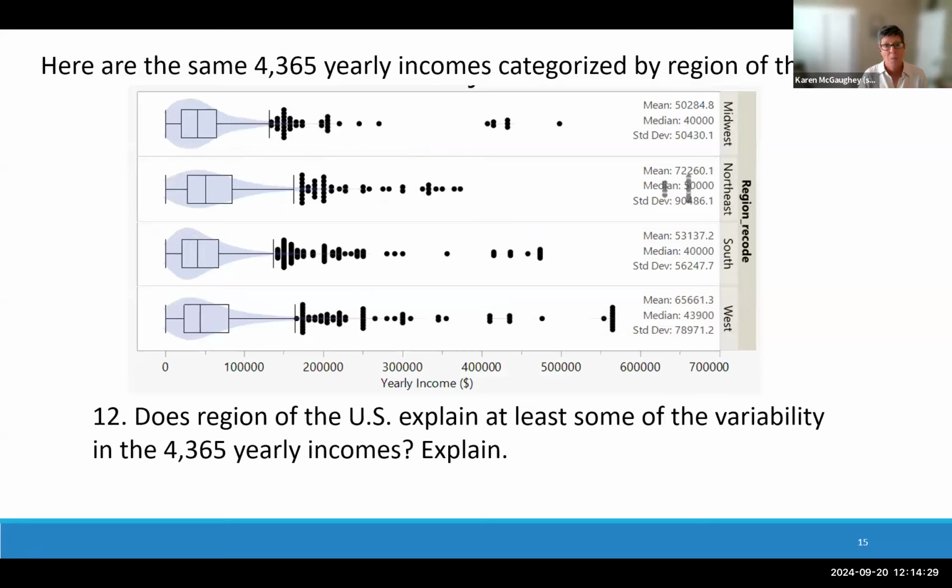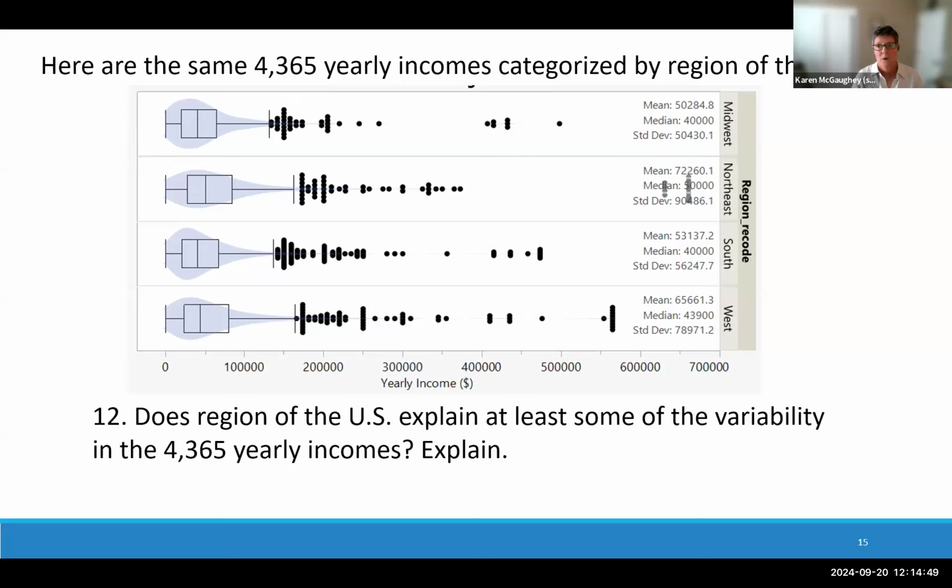So I went back to the full data set, 4,365 yearly incomes, and categorized those by region of the United States. Asking the same question again: does region explain at least some of the variability in those yearly incomes?